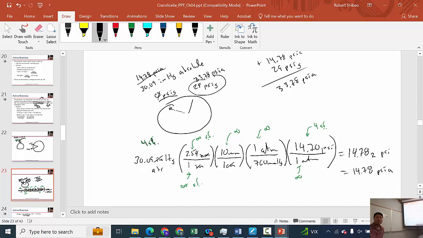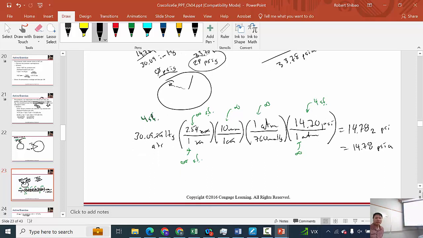Now they want it in kilopascals, so we're going to have to figure that out. So I'm going to take my 33.78 psia, and then I'm going to convert that to atmospheres. Let's go with 14.70 psi per 1 atmosphere.